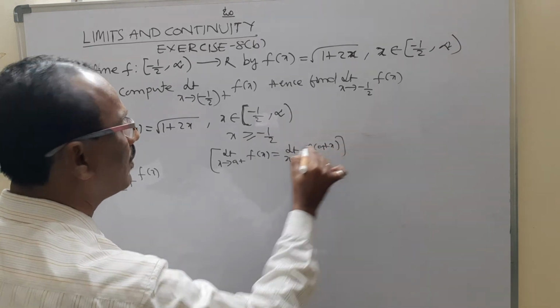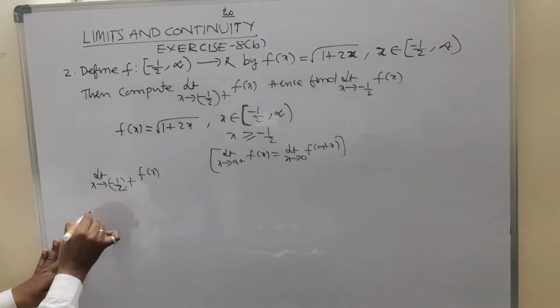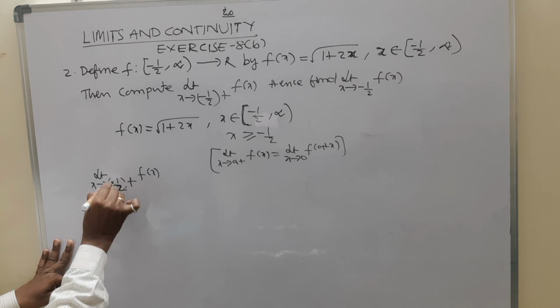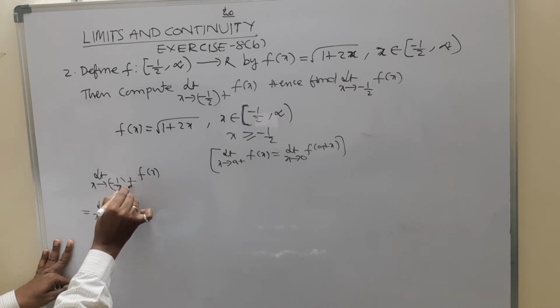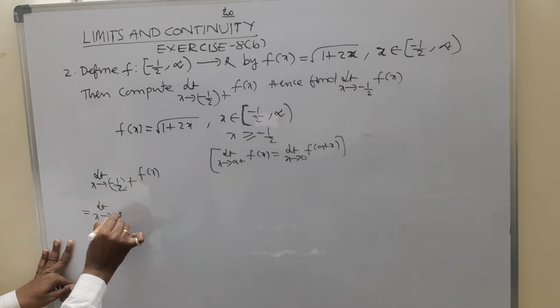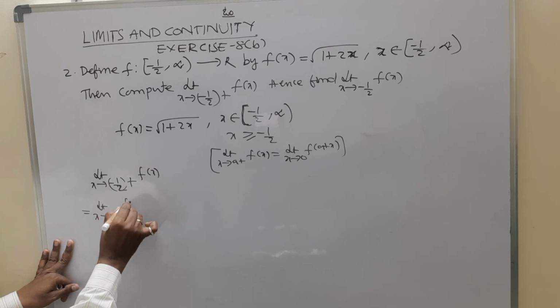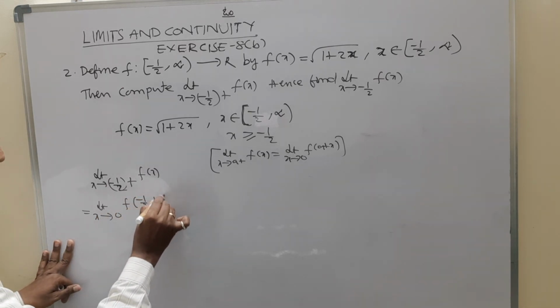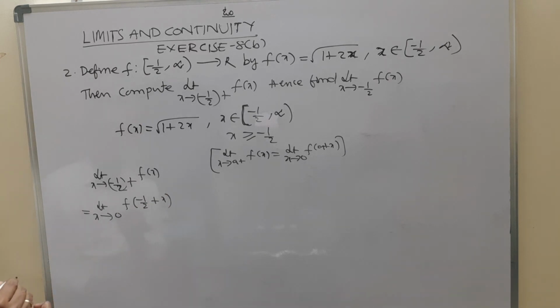This is one concept. To apply this concept, limit x tends to minus 1 by 2 plus of f of x equals limit x tends to 0 of f of minus 1 by 2 plus x.